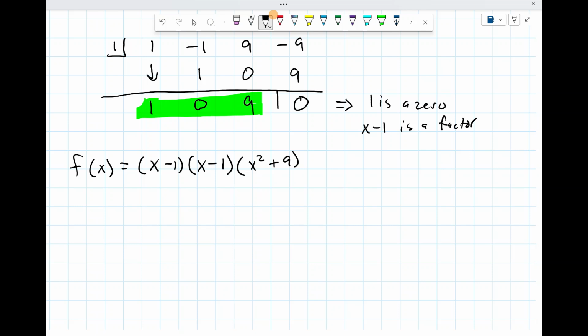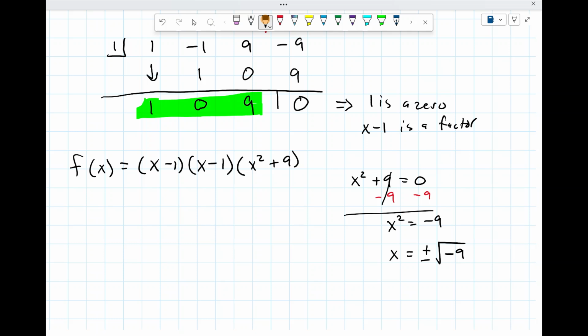And so the best way to solve this is just to set up an equation and solve for x. In this case, we just subtract 9 from both sides. These cancel out. We're left with x squared is equal to negative 9. Take the square root of both sides.